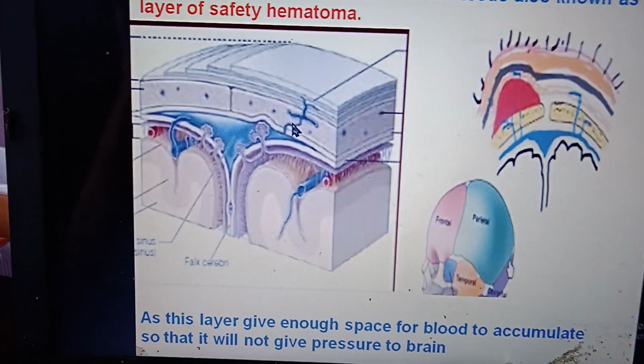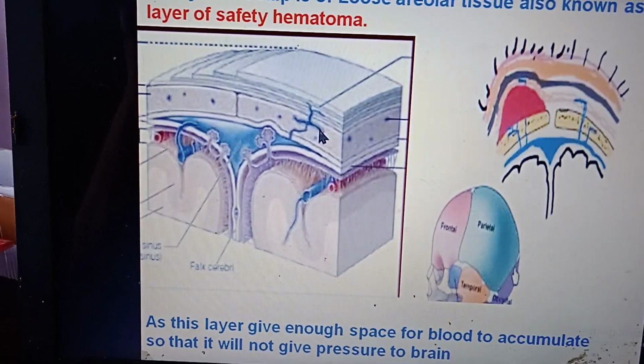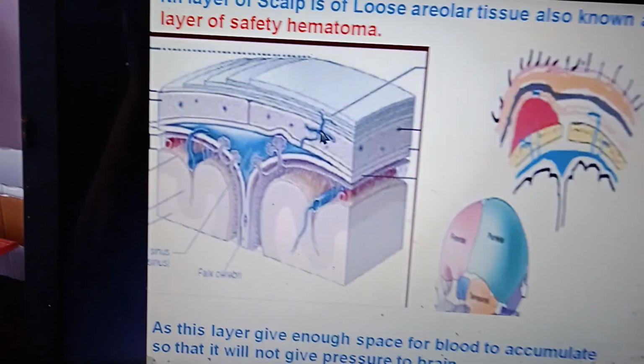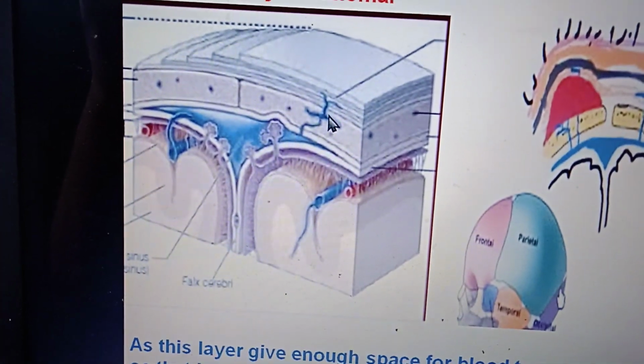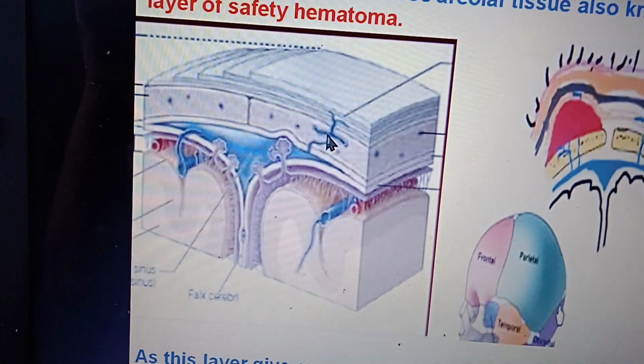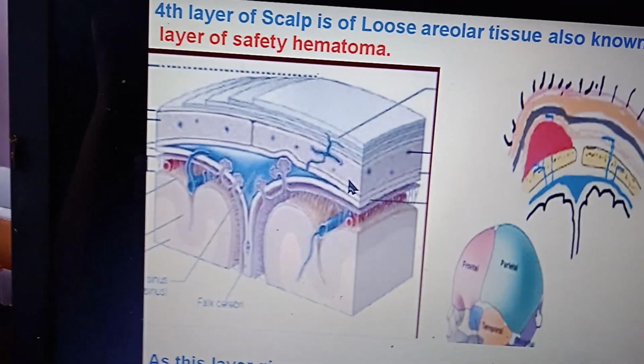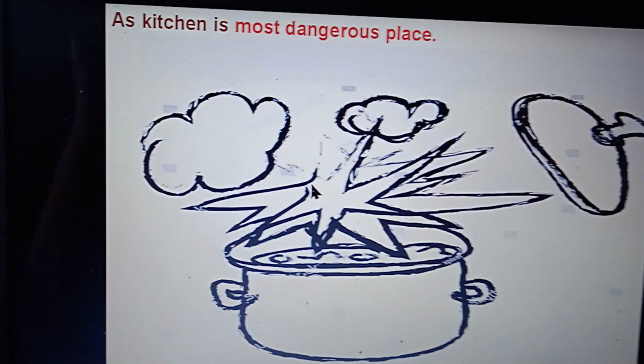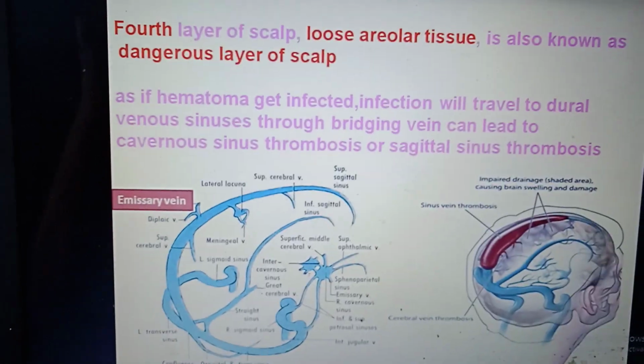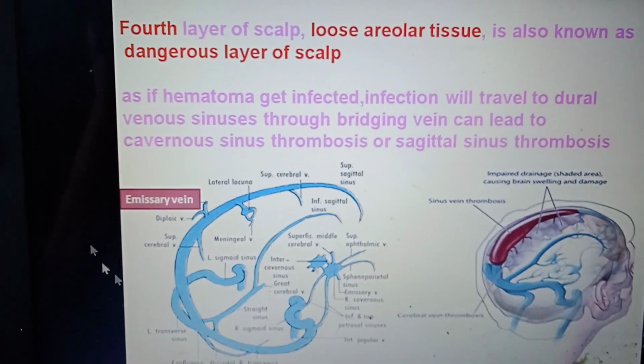it will travel to the bridging vein. Here what we are seeing is, if the hematoma gets infected, this infection will go to the bridging vein, which opens into the dural venous sinuses. So it is a very grave situation that will lead to cavernous sinus thrombosis or sagittal sinus thrombosis.